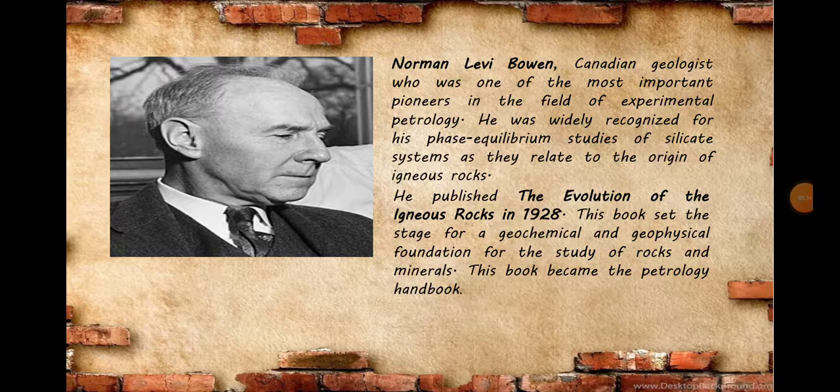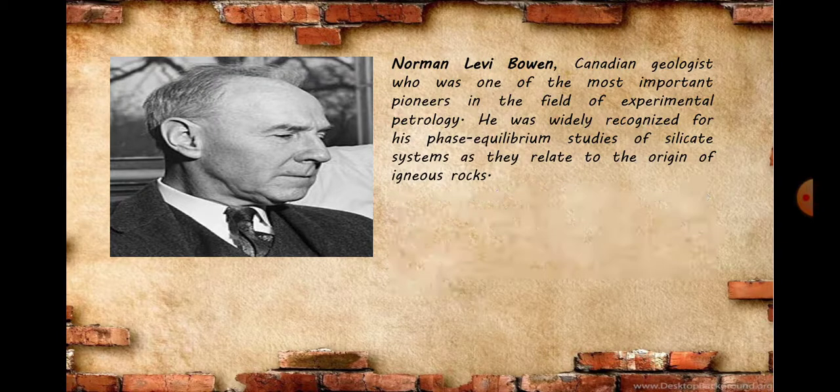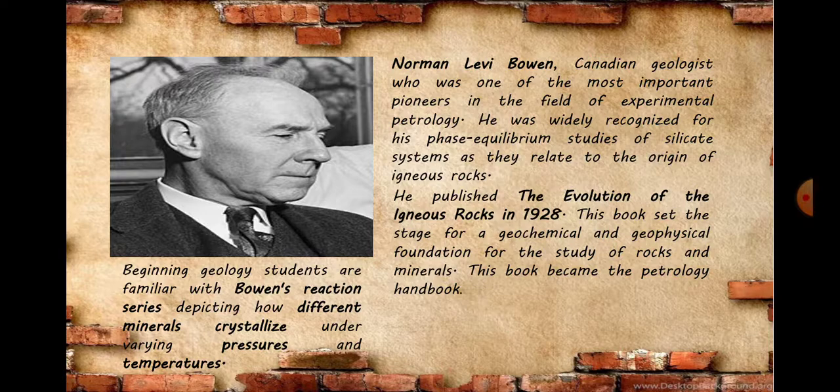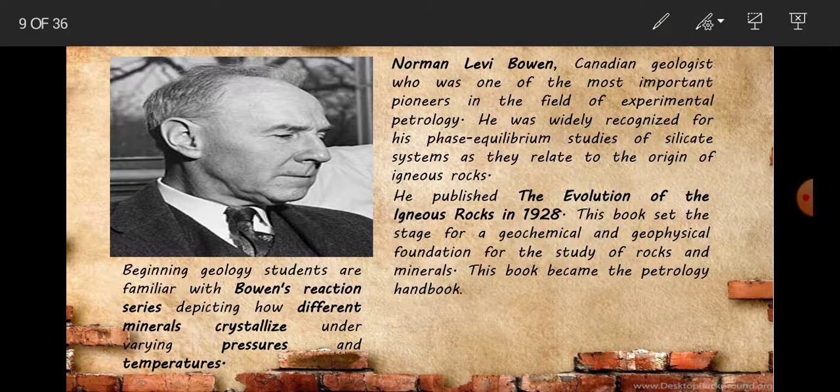He published The Evolution of the Igneous Rocks in 1928. This book set the stage for a geochemical and geophysical foundation for the study of rocks and minerals. This book became the Petrology Handbook.